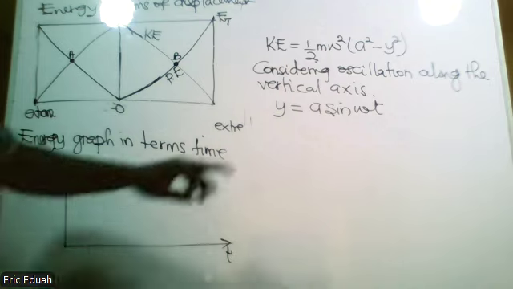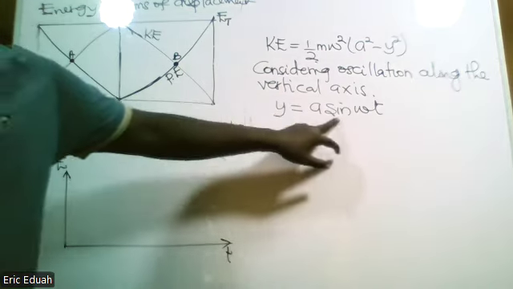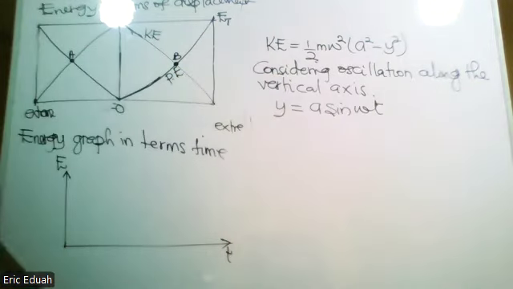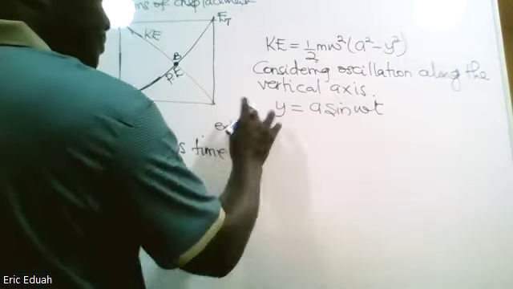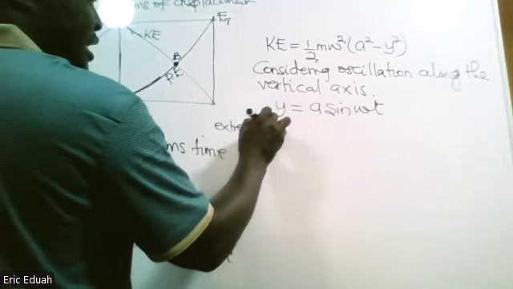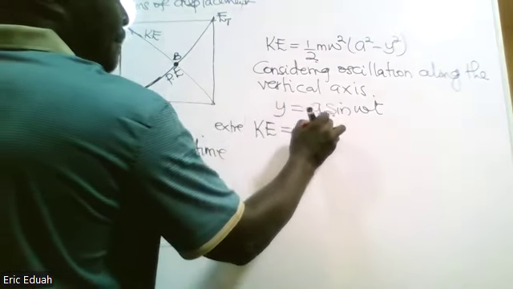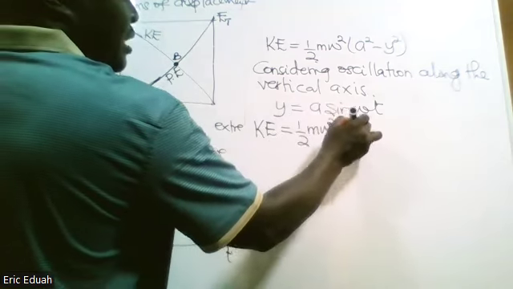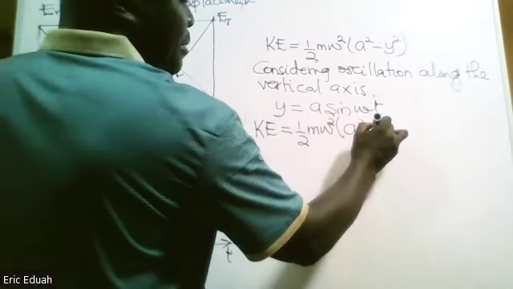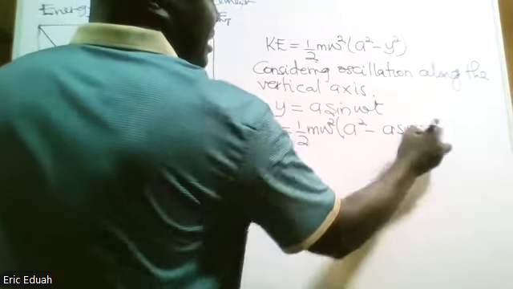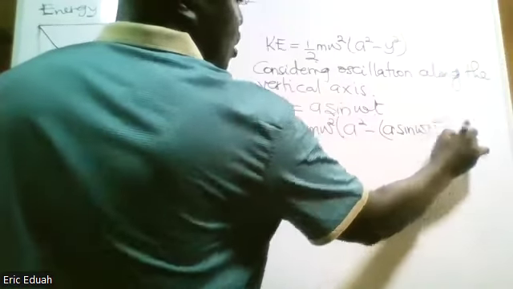So let's substitute y, which is this, in place of what we have here. We will have KE equal to half m omega squared (a squared minus a squared sine squared omega t).